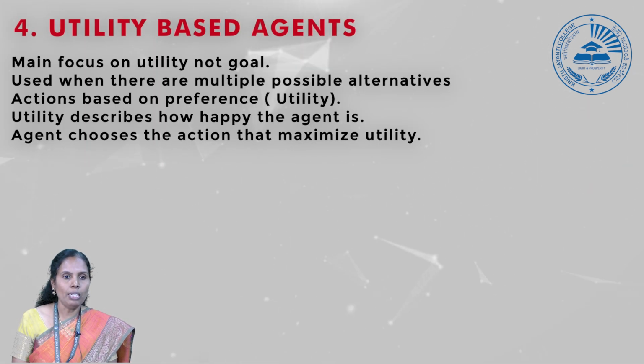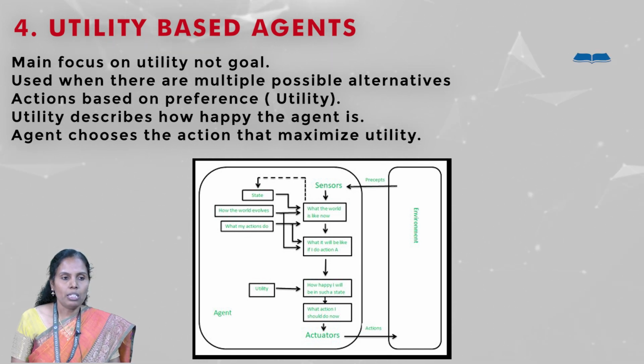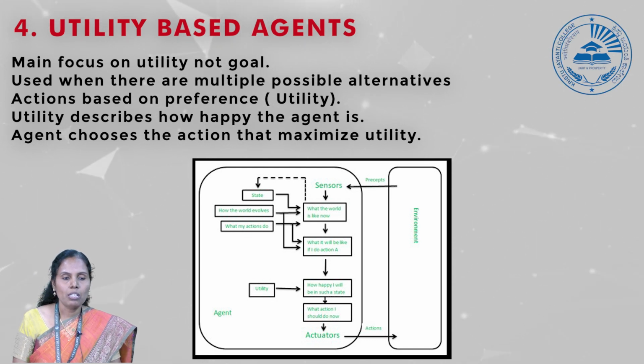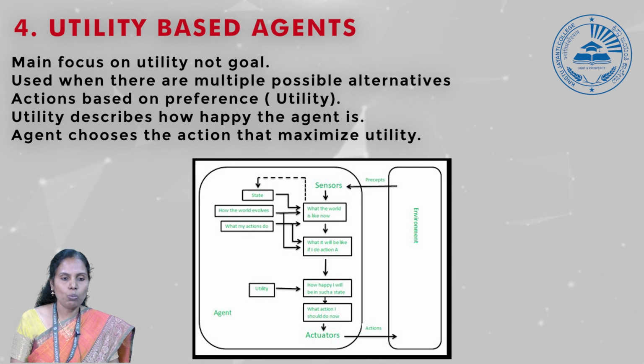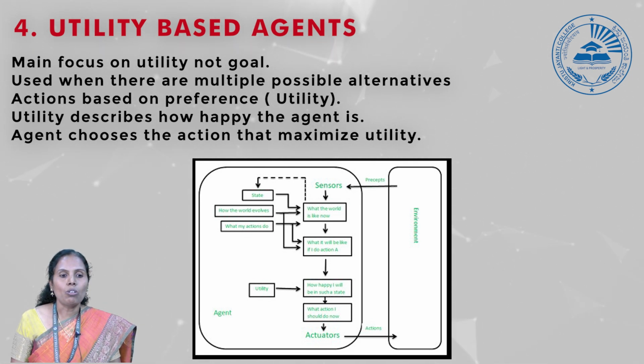Then the next one is utility based agents. This is also like goal based, but it is mainly focused on utility. Multiple possible alternatives will be there, and which one is the best one that we have to select? It means the particular person is happy if he travels on a particular path, and that we need to check.